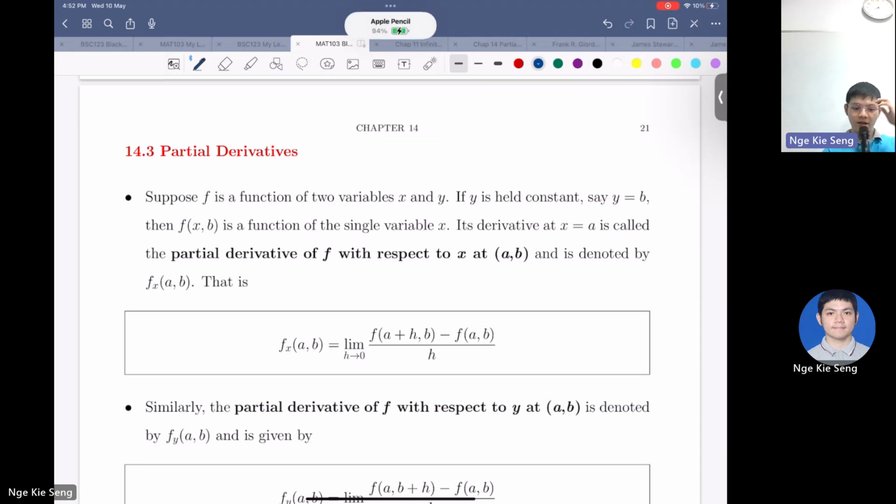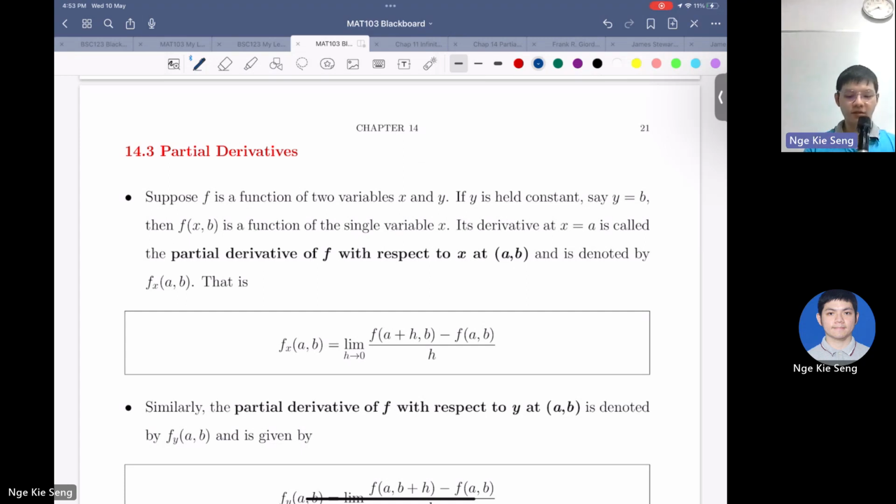So now we will go into partial derivatives. For partial derivatives, you need the notion of limit, so we do it after we introduce the limit. Suppose f is a function of two variables. If y is held constant, say y equals b, then f(x,b) is a function of a single variable. Does it make sense or not?